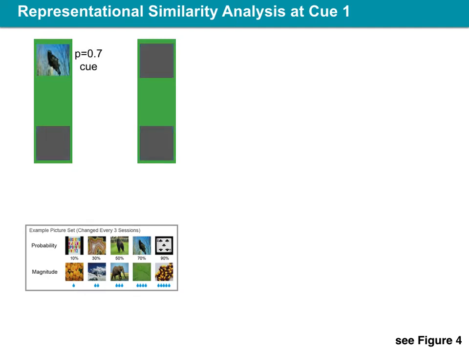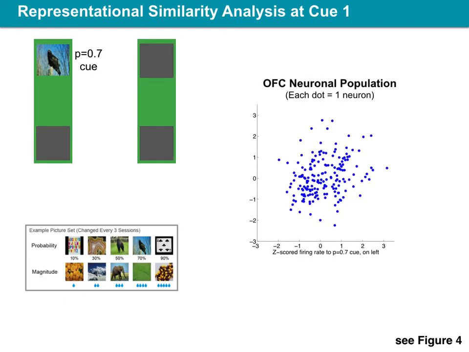We can look at all of the trials where, say, the 0.7 probability Q, for instance, has appeared on the left-hand side of the screen. And let's do this for all of the neurons that we record in orbitofrontal cortex. So what we're plotting here is the z-scored firing rate for each neuron as they respond to this cue, 100 to 500 milliseconds after the cue's been presented, along the x-axis.